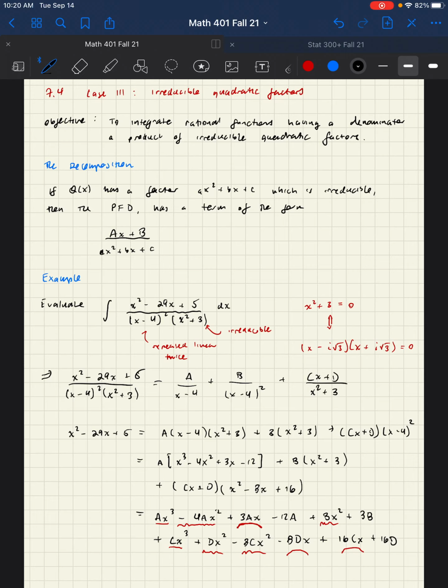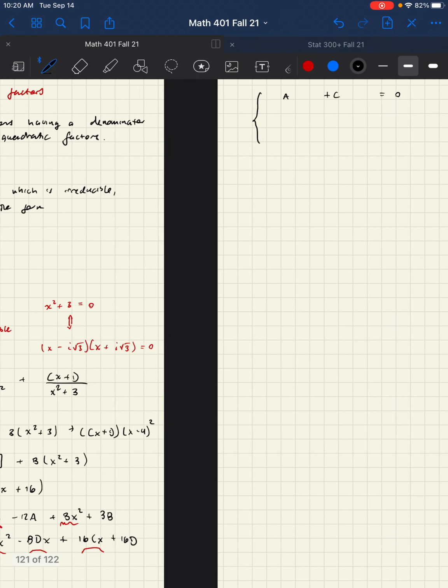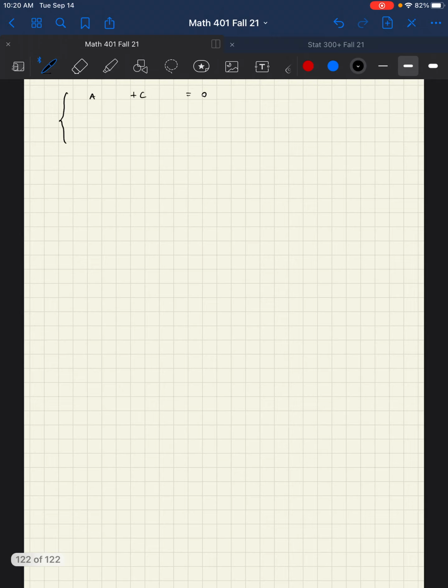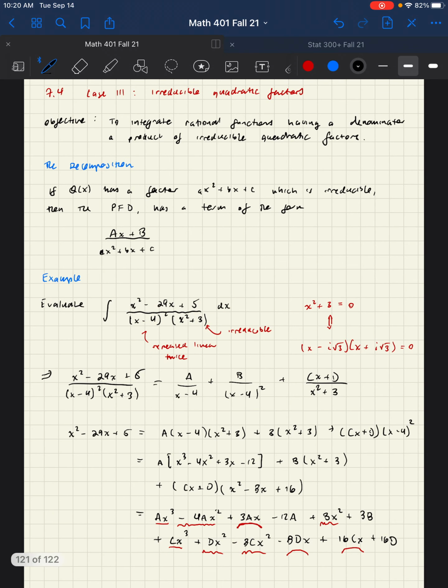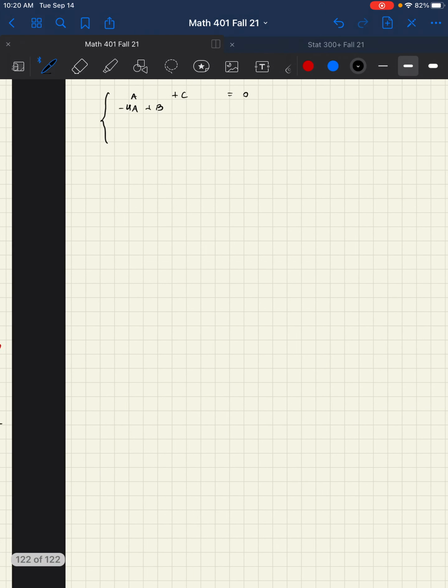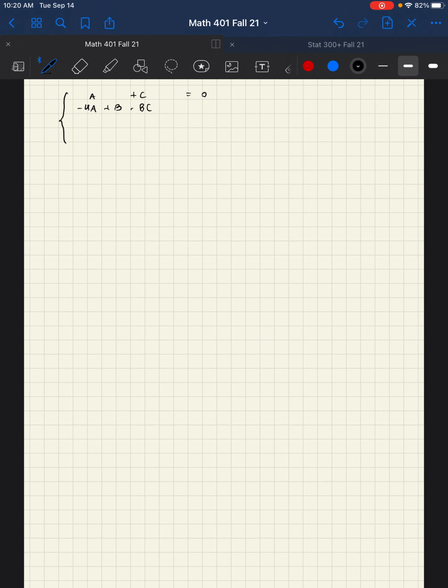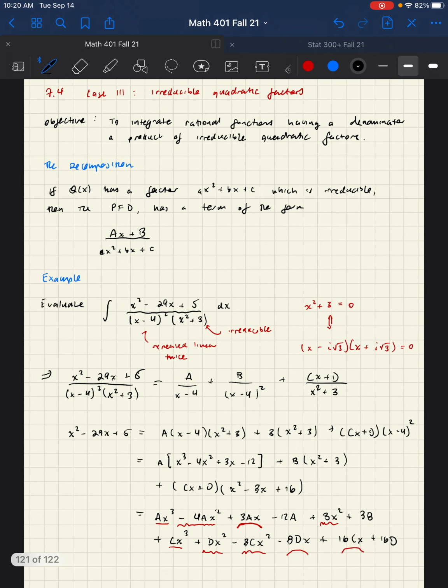We have negative 4A plus B minus 8C plus D equals 1. Okay, look good so far?